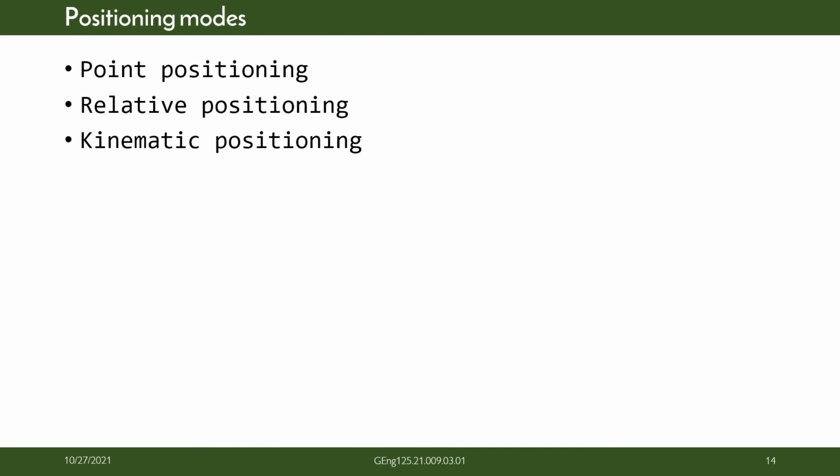So here are the positioning modes in Geodesy. Each positioning mode can be done using one or more surveying operations or methods by terrestrial, celestial, or orbital platform.